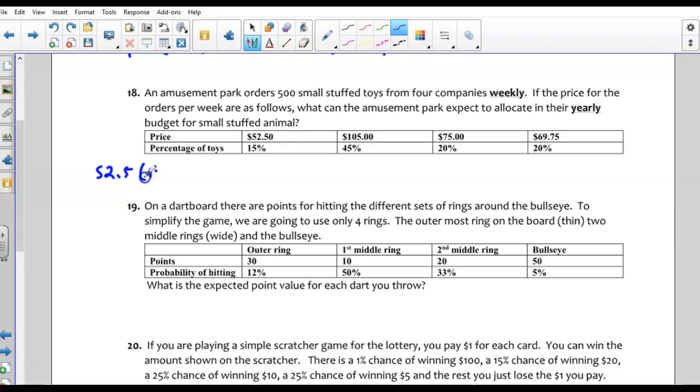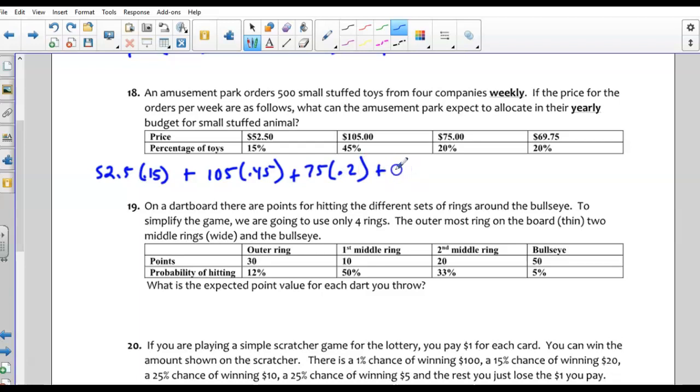That'll be the price for 15% of the time, so 0.15. All right, and then there is a $105 bill for 45% of the time, and then there is a $75 bill for 20% of the time.